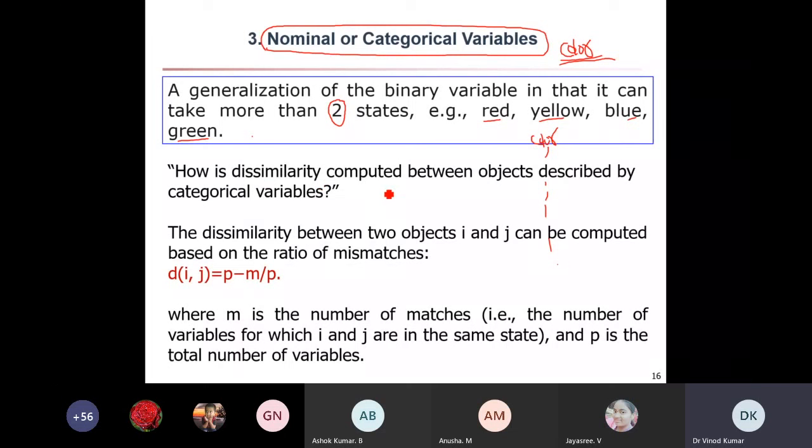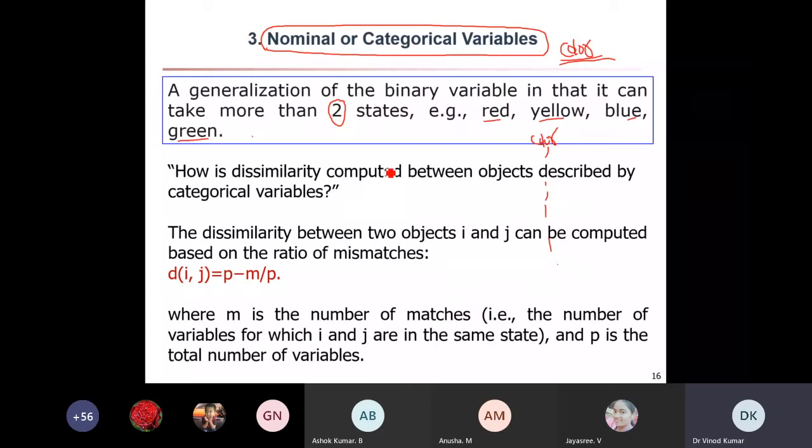Now the question comes: if I have categorical values for classification, it is okay. But what will happen if I deal with categorical variables in clustering? In clustering, we group based on similarity or dissimilarity. Similar items are kept in a single group. So an important thing is to know the similarity or dissimilarity between two objects, and based on that we will group.